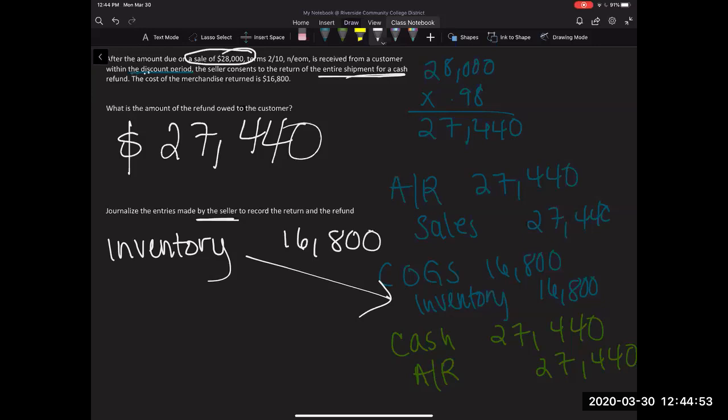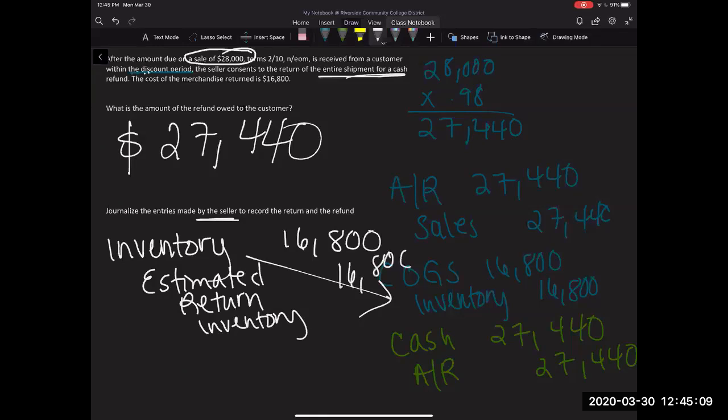Then our credit goes to estimated returns inventory, and that is for the $16,800. All right, so that was us taking care of the return, and now we're going to tackle the refund.